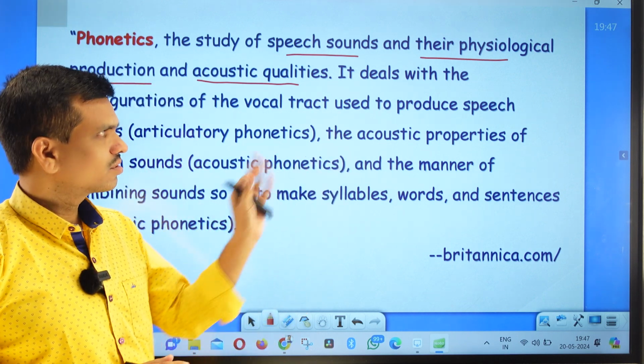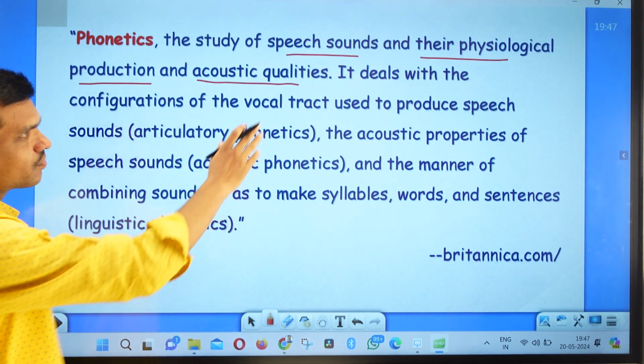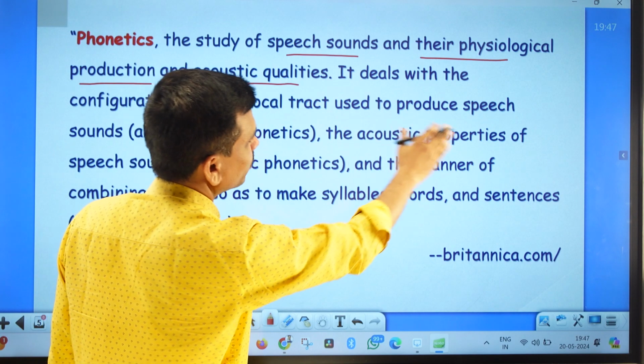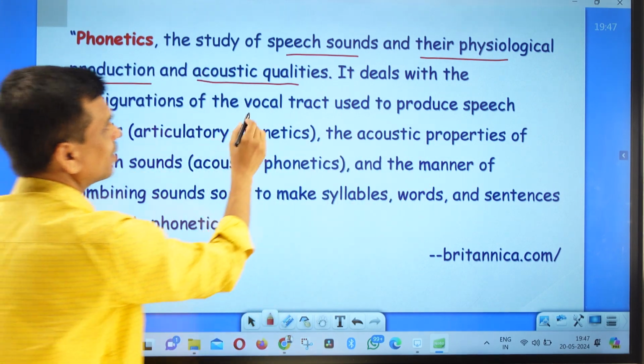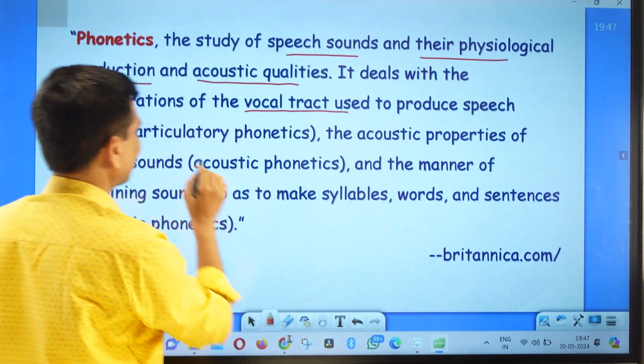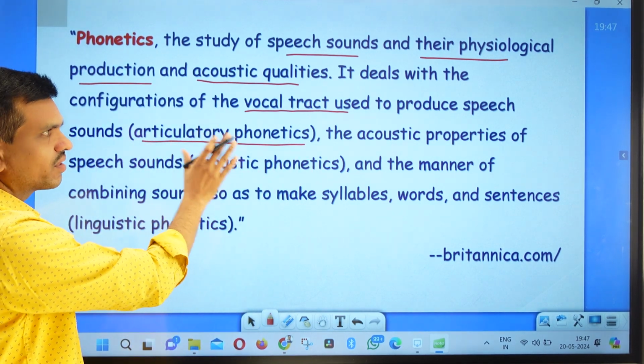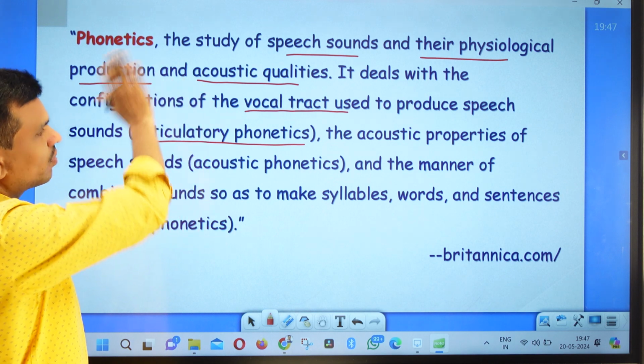For example, one deals with the configurations of the vocal tract used to produce speech sounds. This is related to the vocal tract and it is called articulatory phonetics, one of the sub branches of phonetics.